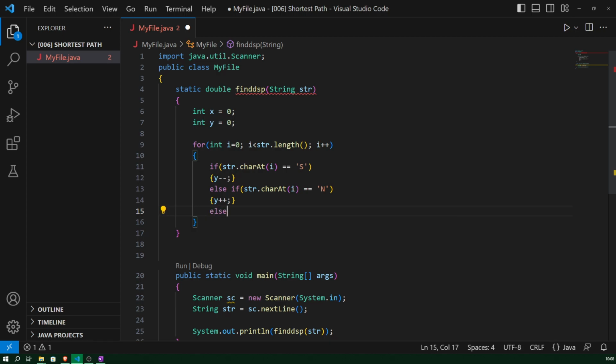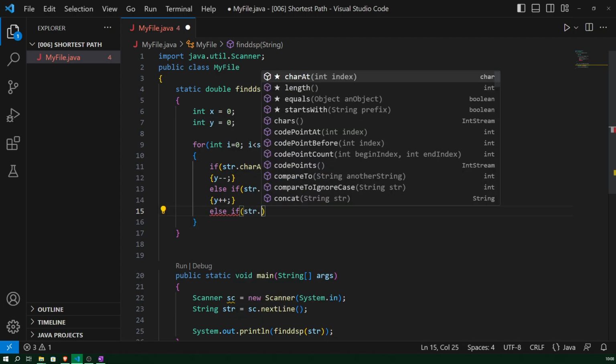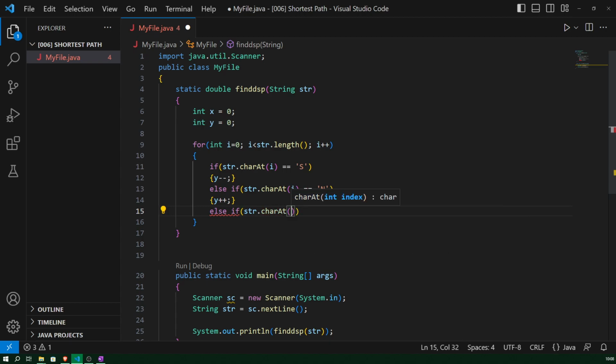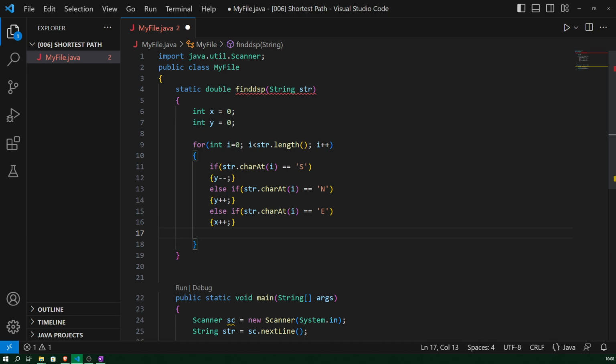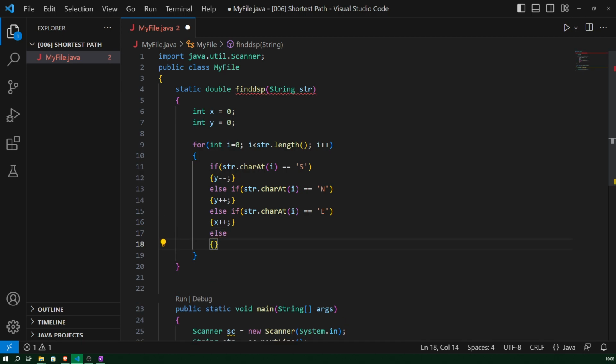And similarly, else if it is E, then in this particular scenario we need to do x plus plus. And lastly, else if it is W, then we need to do x minus minus.